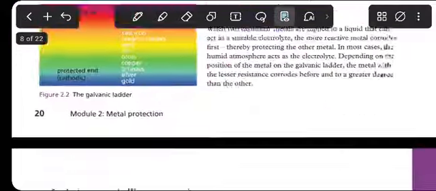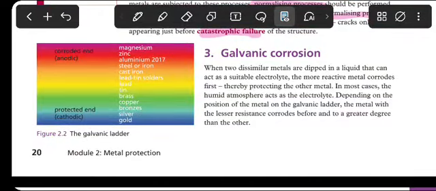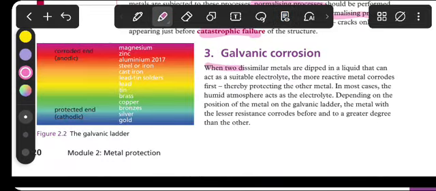Then we have galvanic corrosion. When two dissimilar metals are dipped in a liquid that can act as a suitable electrode, the more reactive metal corrodes fast, thereby protecting the other metal. In most cases, the humid atmosphere acts as an electrode.